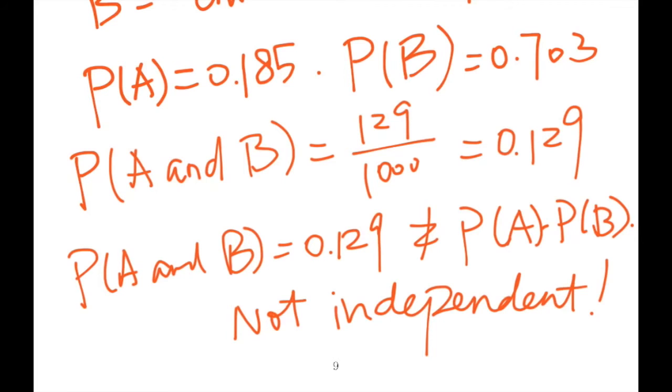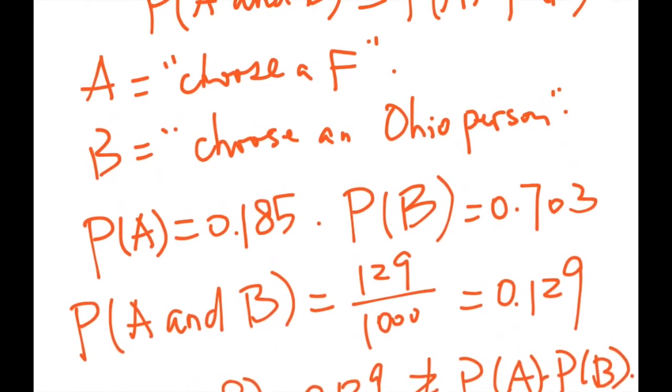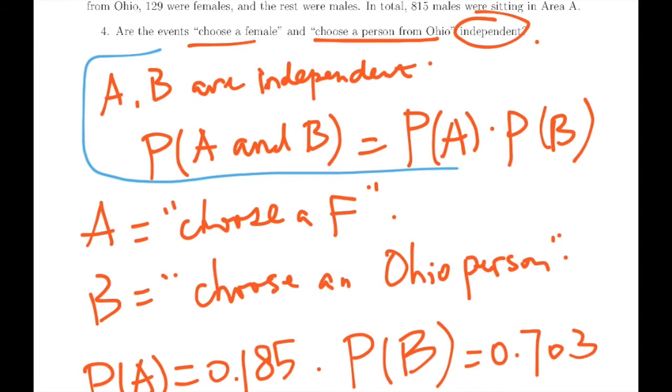Okay, so remember, if you want to determine whether two events are independent or not, you just need to look at this formula here. If they are independent, then the probability that both events happen is equal to the product of the probability of A and the probability of B. Otherwise, they are not independent.